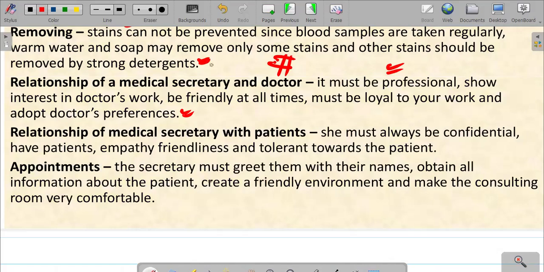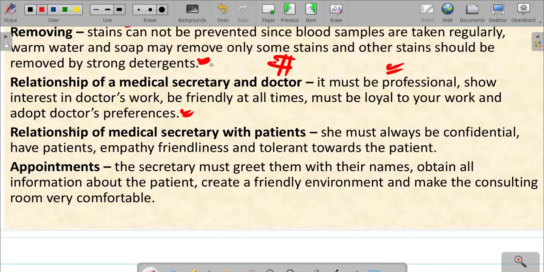If there is an unprofessional work relationship, it stifles and causes problems with service delivery. Rendering services becomes quite difficult and complex. So a medical secretary must always be loyal to his or her work and adapt to the preferences of the doctor in order to ensure harmonious workmanship.